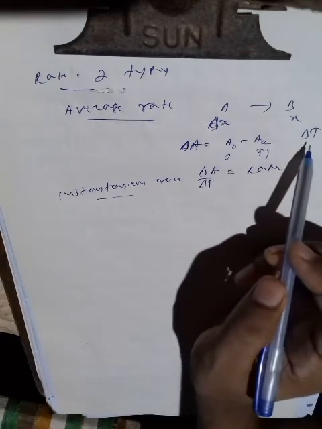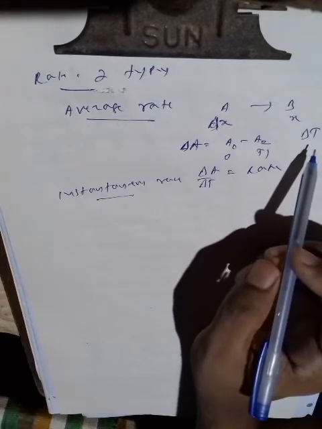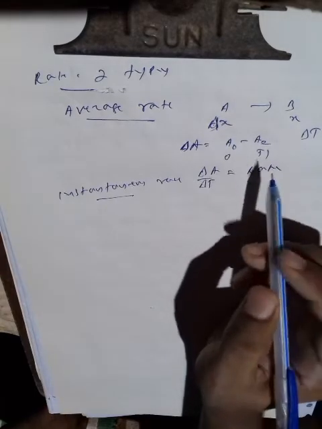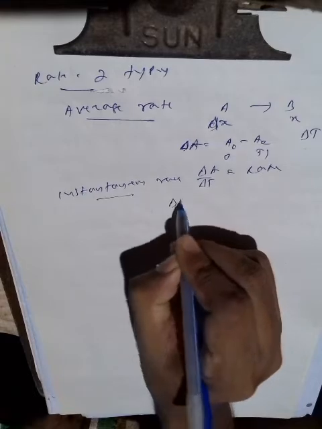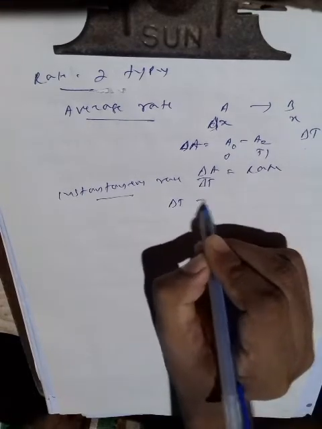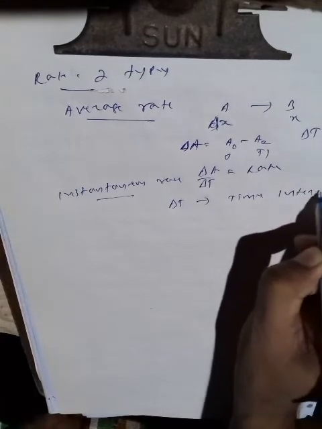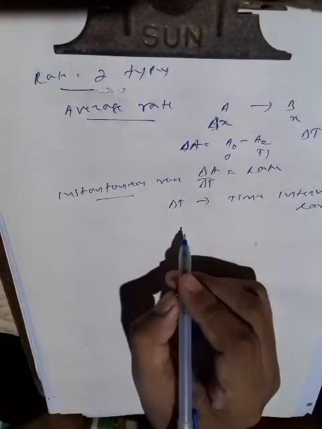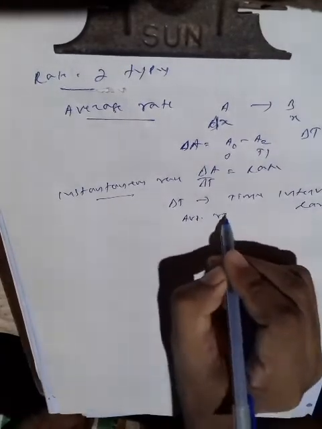And when the time interval is large, then we are calculating the average rate. Delta t means the time interval is large. So this is the average rate.